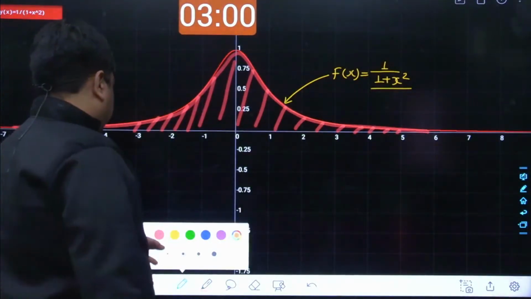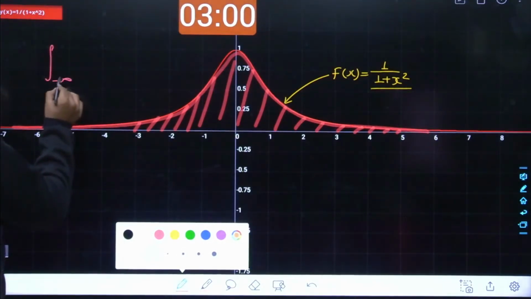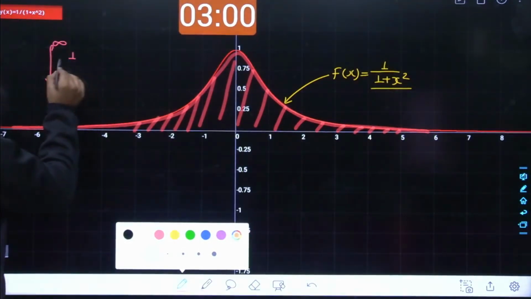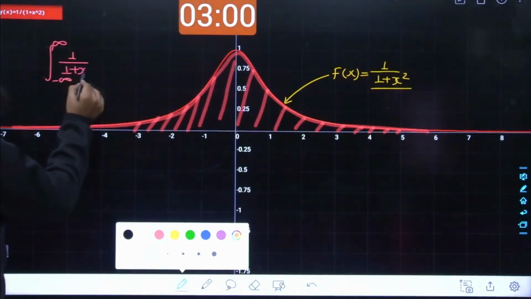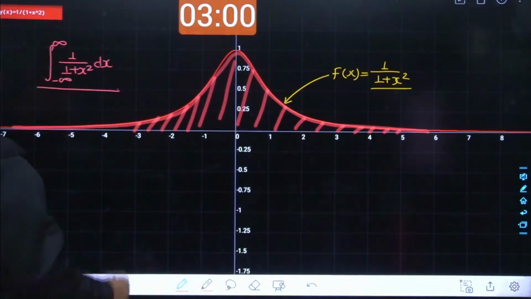If I say you have to find the signed area from minus infinity to plus infinity of 1 divided by 1 plus x square dx, what would be its worth?